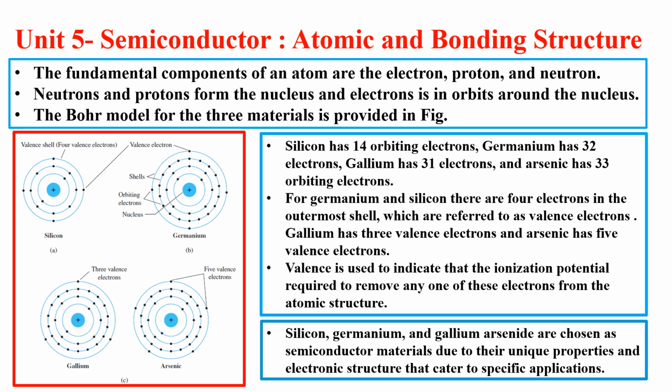Germanium has high mobility and a narrow band gap, suited for high speed and infrared applications, while gallium arsenide excels in high frequency and many other electronic or optoelectronic devices. Each of these materials plays a vital role in advancing semiconductor technology and enabling innovation across various fields.